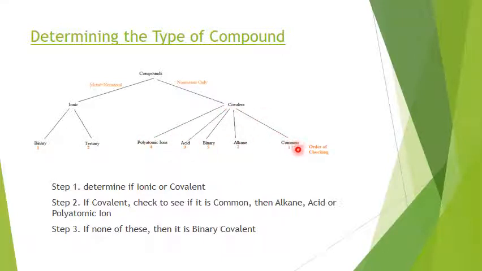So it's got to be one of our 5 categories, and this is where the numbering comes in. I have C2H6. First I ask, is it a common? I memorized those 5, and no, it's not one of those 5. Next I check to see if it's an alkane.